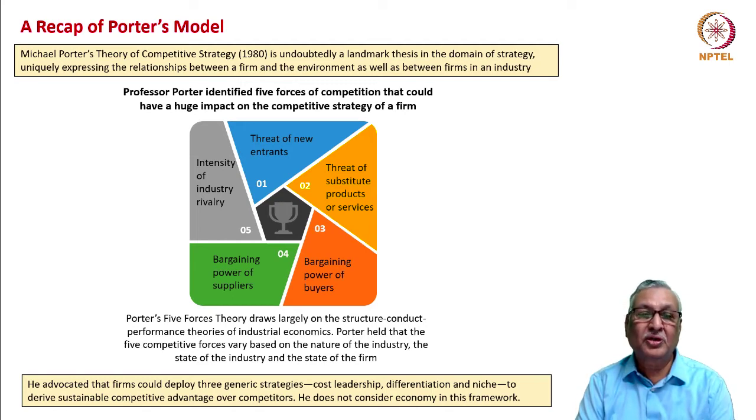These 5 competitive forces vary based on the nature of the industry, the state of the industry, and the state of the firm. Porter also proposed 3 generic competitive strategies which we have considered earlier: cost leadership, differentiation, and niche. These help a firm derive sustainable competitive advantage over competitors. Porter did not explicitly consider economy or, for that matter, technology in this framework.